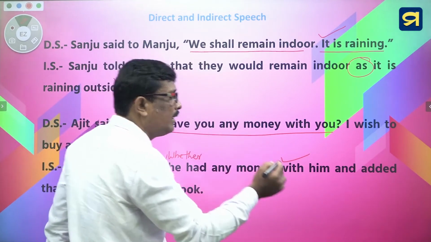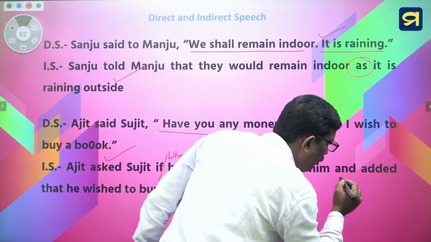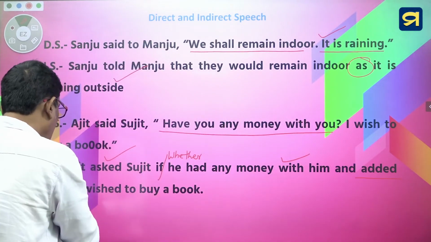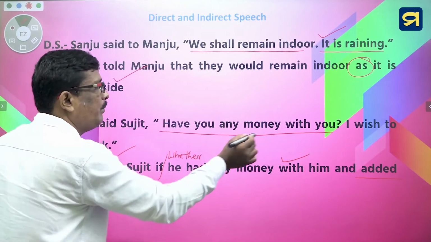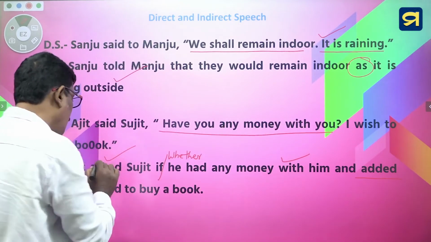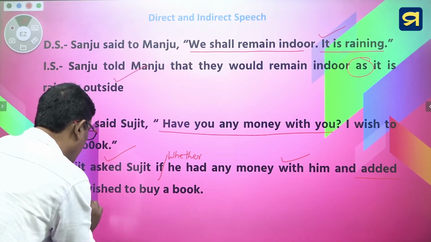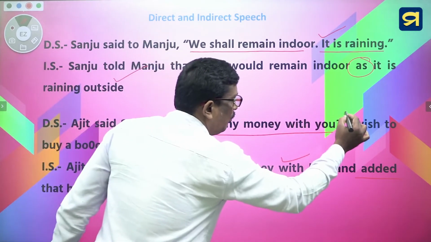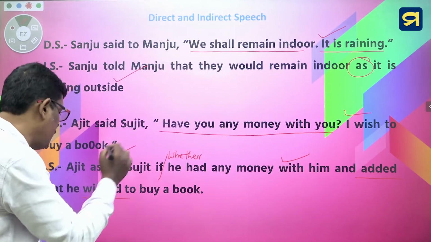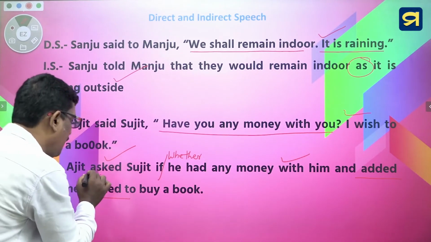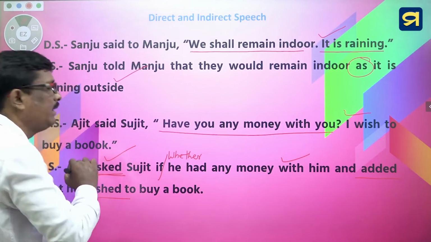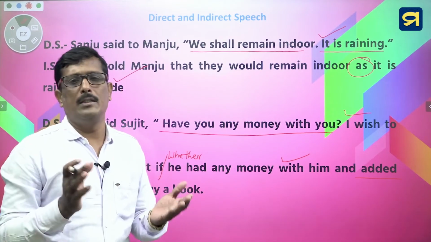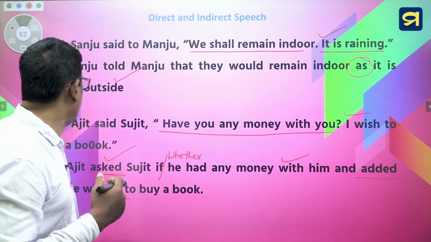When there are two sentences, we can also use added: and added that he wished to buy a book. Because "I wish to buy a book" means he wished to buy a book. And here the present simple is changed into simple past, because the reporting verb is in the past tense. So in this way, we will change from direct speech to indirect speech.